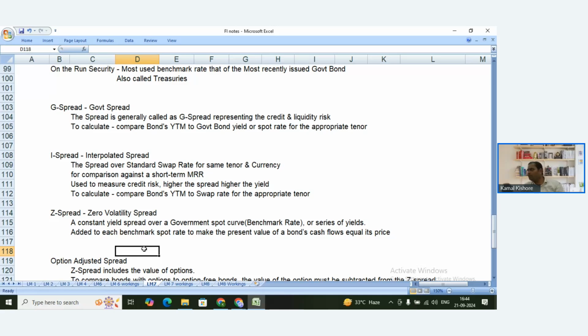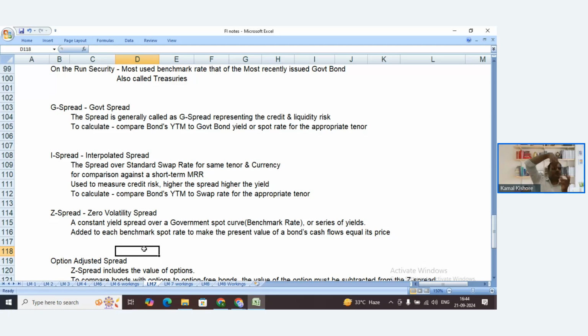To do one calculation, you use multiple discount rates. Year 1 discount rate is different, Year 2 discount rate is different, Year 3 discount rate is different. Why? Because I cannot use one required rate for 10 years. The factors will change. So we use multiple discount rates. These multiple discount rates on my corporate bond will form a curve.